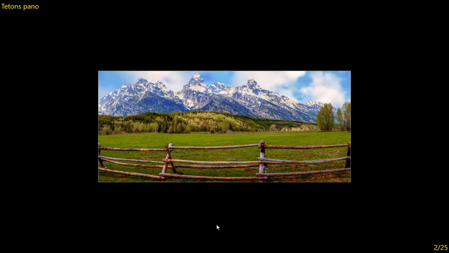Teton's Panel. It's a very nice view, and technical handling is good. If the gate or the fence is our main subject here, it's cut off.